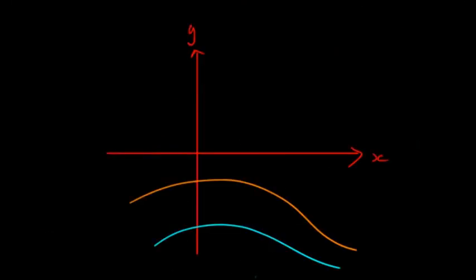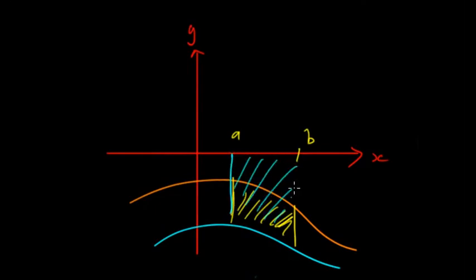So what about if it's below? If you still wanted to find this yellow area between two points, B and A, however now when we calculate the area of blue, we're going to get all the area. So we need to calculate the blue area and then subtract it from the orange. But because f(x) is less than 0 and g(x) is less than 0, when we calculate the area we definitely need to put the modulus signs in.